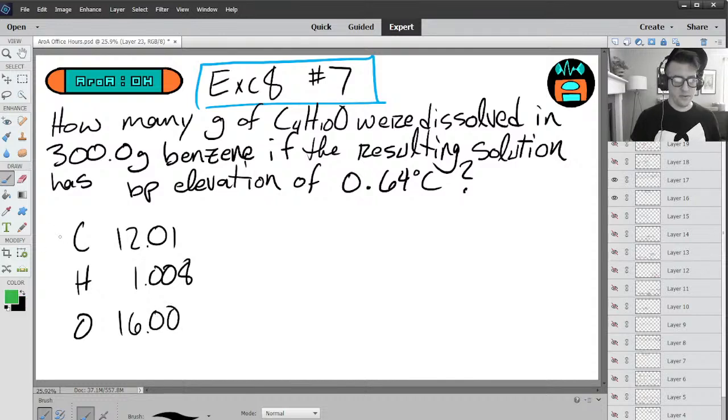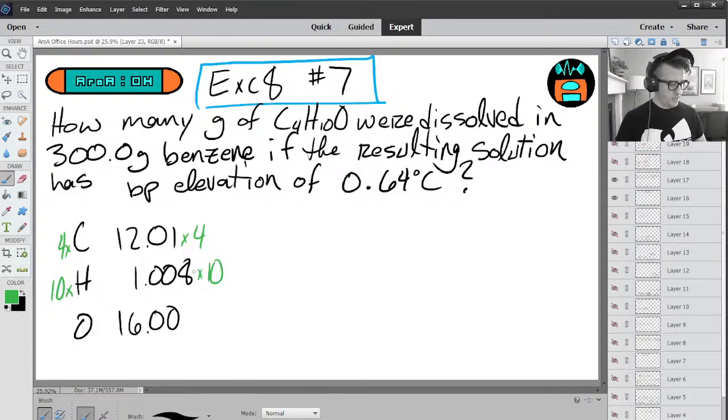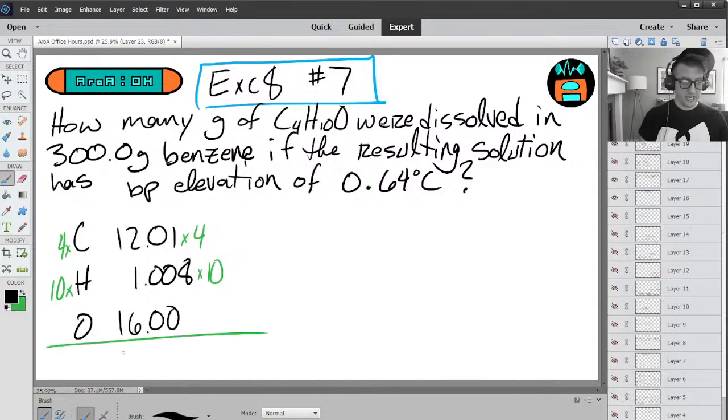And we have 4 carbons, 10 hydrogens, and 1 oxygen. So 1.008 times 10 plus 12.01 times 4 plus 16. So this comes out to be 74.12.